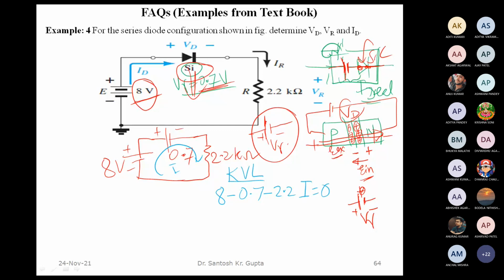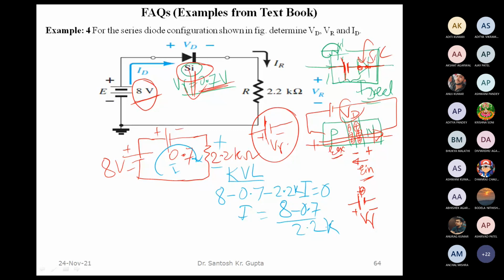If we say that potential sources are positive and potential drops are negative, and the current flows in this direction, then the potential drop will have this polarity, and we can write the KVL, Kirchhoff's voltage law equation. From here I can be computed very easily. It is equal to (8 minus 0.7) divided by 2.2, and this is kilo ohms.